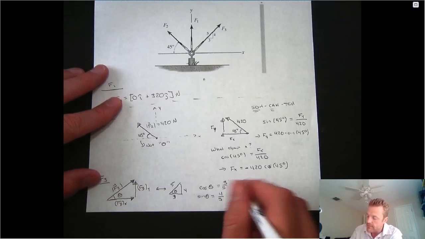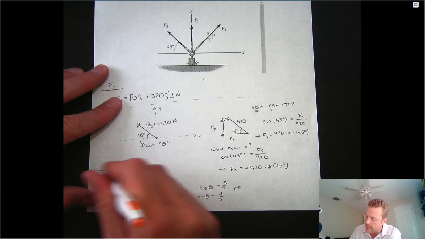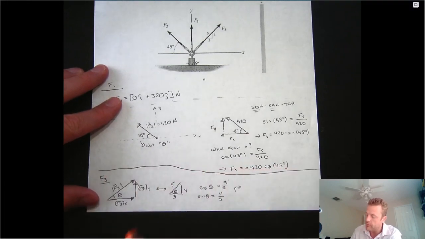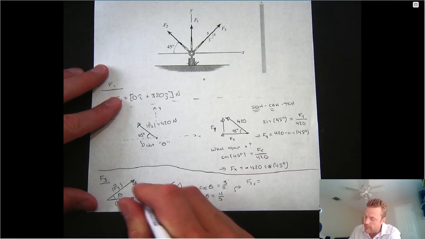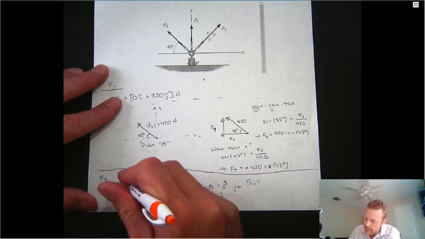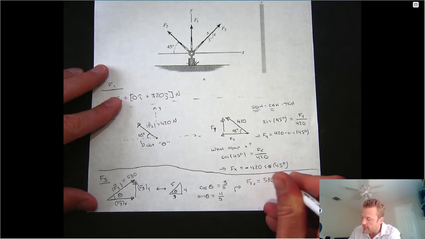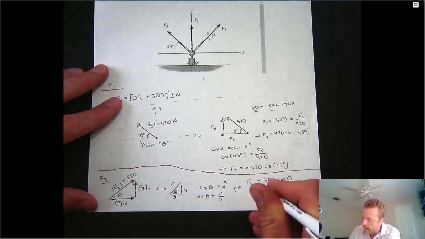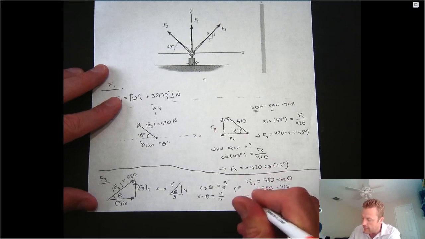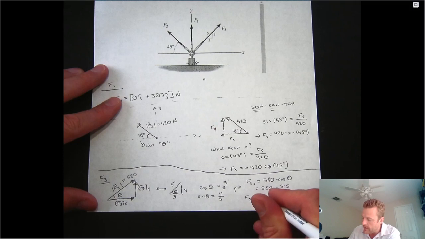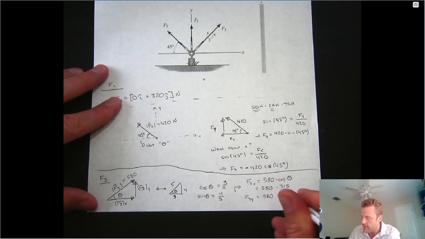So therefore, in this problem, F3 x component is going to be the magnitude of the force, which we were given as 580, times the cosine of theta, which will just be 580 times 3/5, and F3y is going to be 580 times the sine of theta, which is just going to be 4/5.